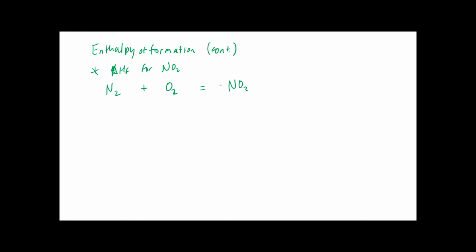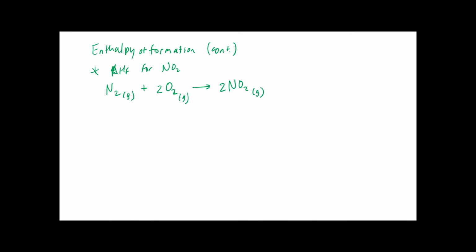NO2. And now I'm going to balance that where we're going to have 2 here, which means that we also have to have 2 here. And this is supposed to be an arrow because it's a chemical reaction. And then this is going to be a gas, and NO2 is also going to be a gas.